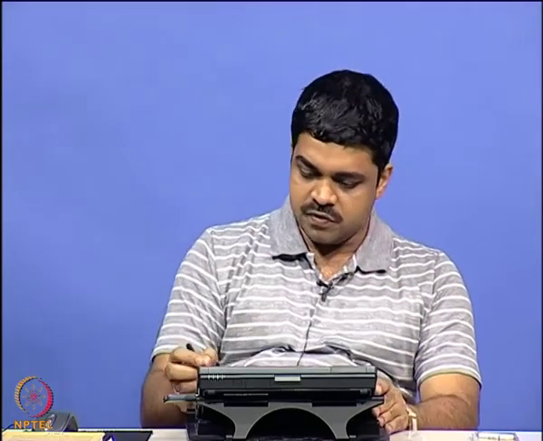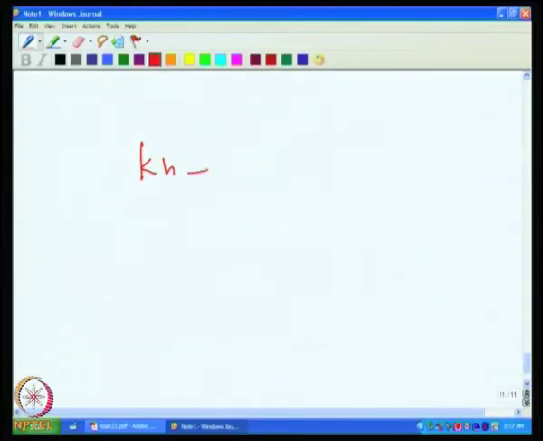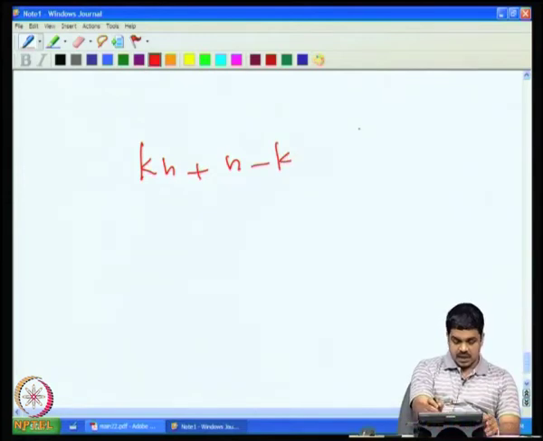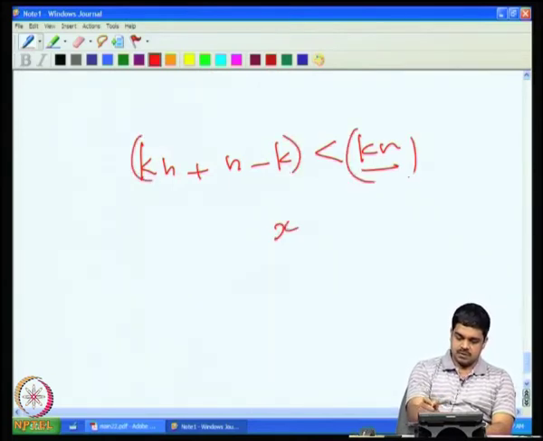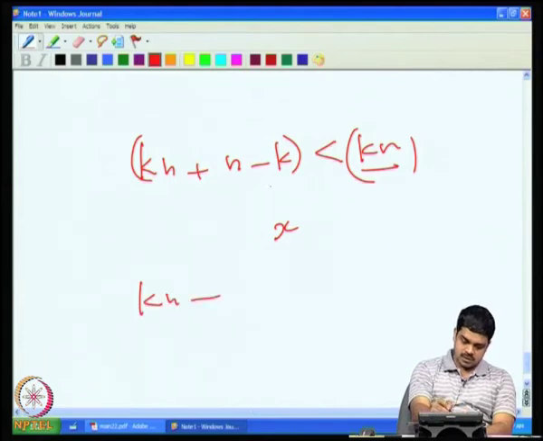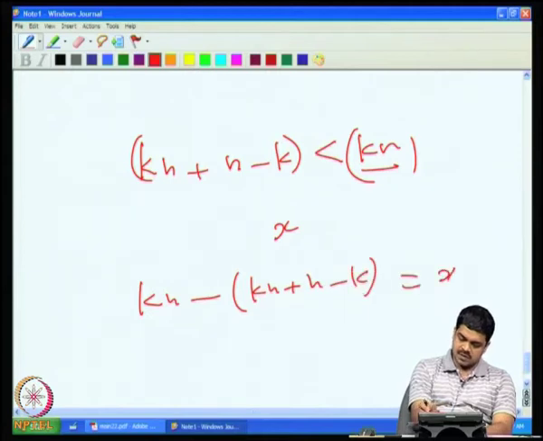It is not just about regular graphs, one may think that there is something special about them. Here you can see that when the color classes are added together, we get kn plus n minus k, and if it is strictly less than kn, we have a contradiction. Suppose the difference between this side and this side is x, that means kn minus this quantity, kn plus n minus k, is equal to some x.